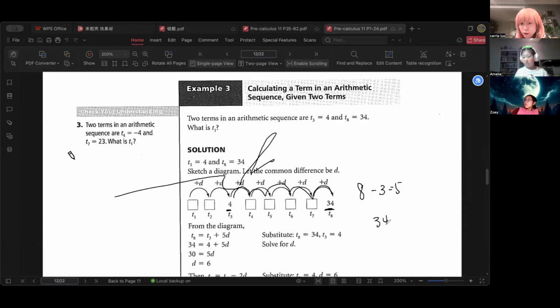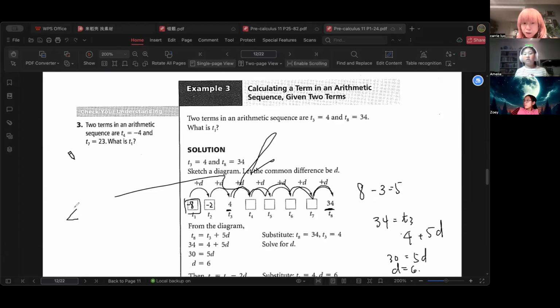So 34 equals T3, or we can say equals 4 plus 5D, correct? So easily we can find out D equals what? D equals 6. So we can use this to find out that term 1 is -8.